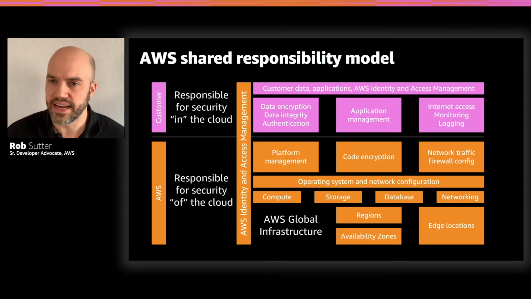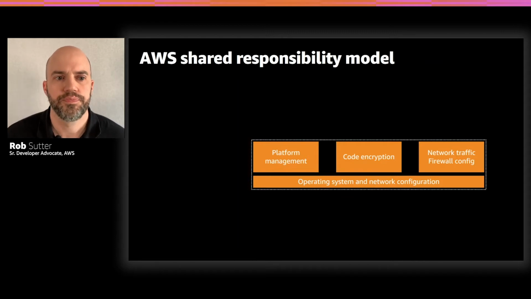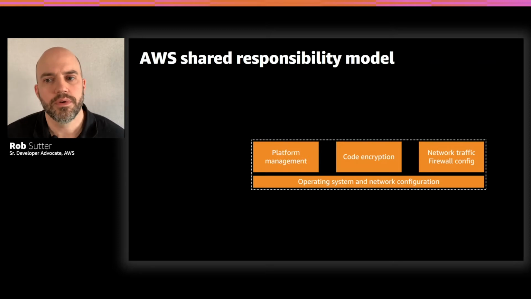However, this diagram is specific to serverless applications, and there's a portion of this diagram that we take responsibility for when you begin to build your applications using a serverless model. These are areas of responsibility that we assume, or in other words, these are areas that we secure for you.